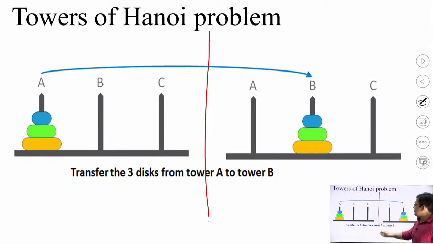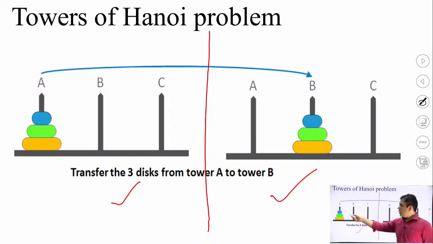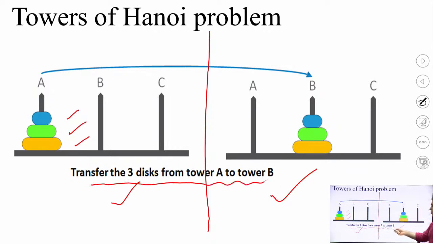There are 2 parts of this diagram. This is the initial state, this is the final state. There are 3 towers A, B, C, and 3 disks: small size, medium size, large size, blue color, green color and golden color. The problem is you need to transfer the disks from tower A to tower B like this one.